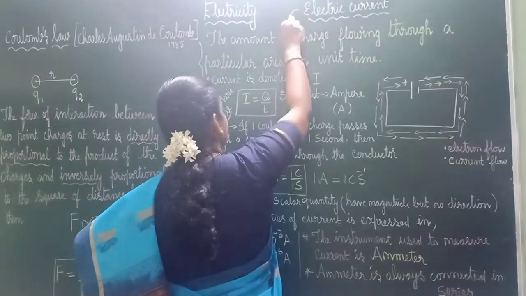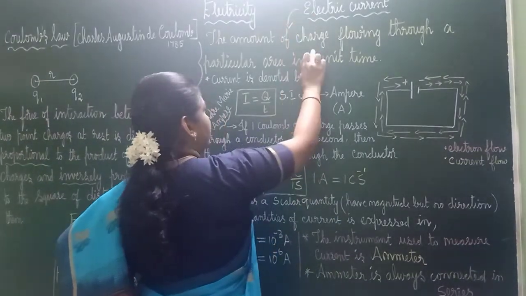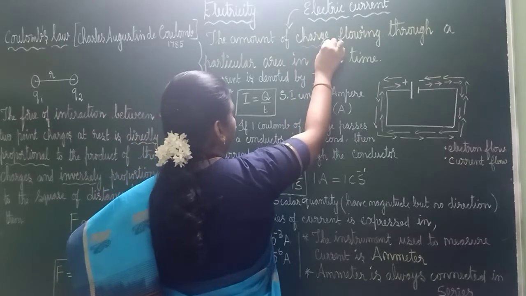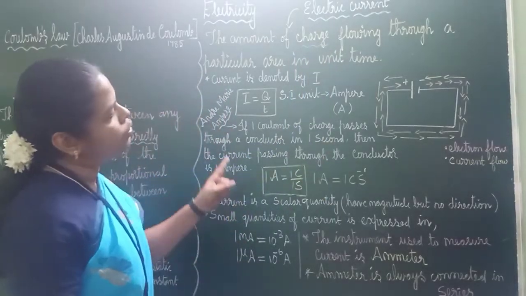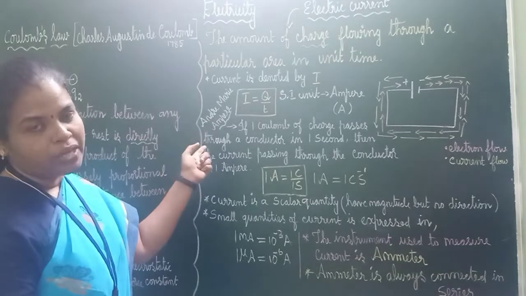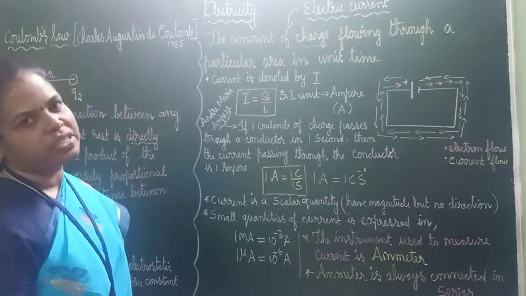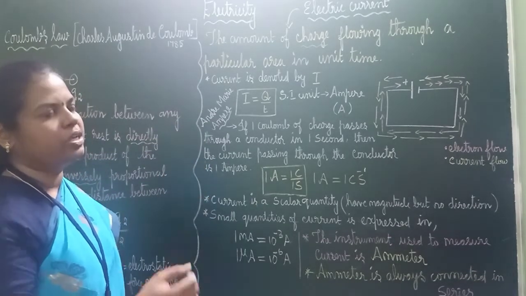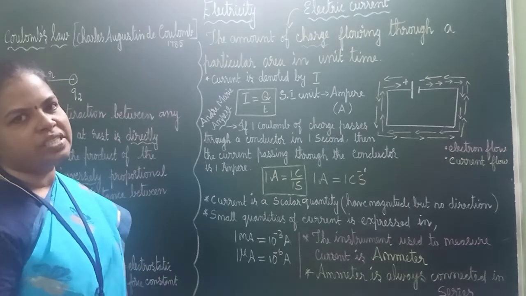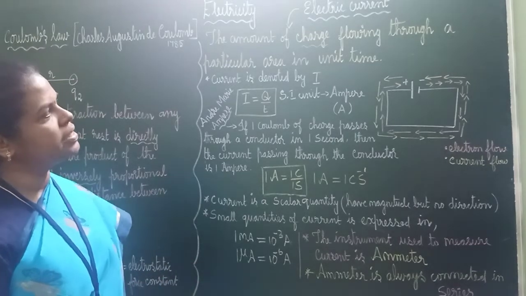See the definition, the amount of what? Charge. This is very important. The amount of charge flowing through a particular area in unit time. It is not where it is flowing. In a particular area in unit time, if it is flowing, that is called electric current.